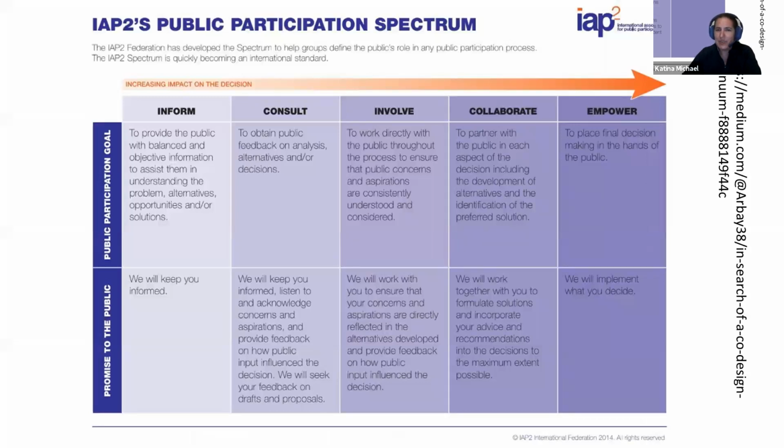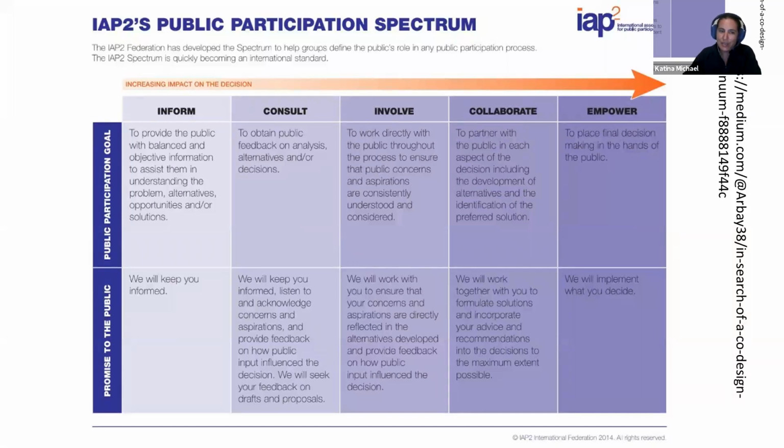Public participation is really important, all the way from informing the public to consulting with the public. And remember, consulting is not co-design. Involving the public, collaborating with the public, and finally empowering them as part of the design team.